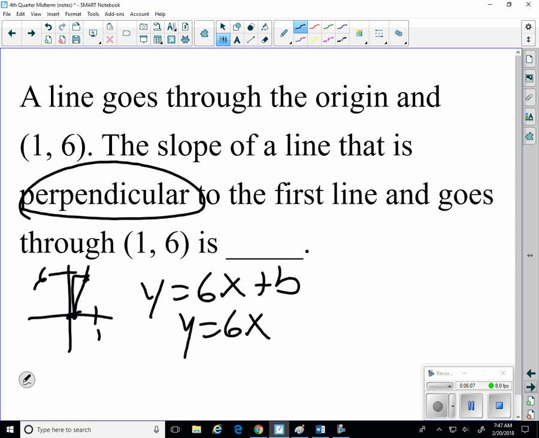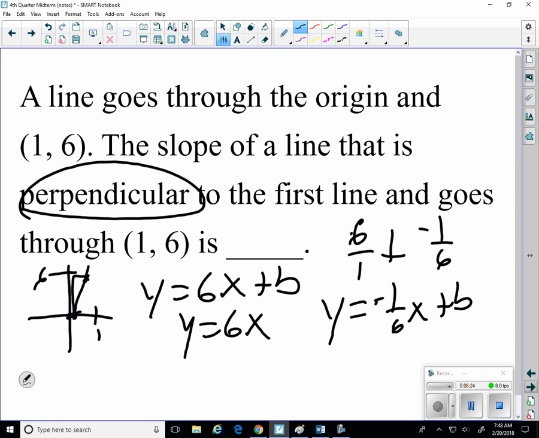And perpendicular to that, you'd take your 6 out of 6 over 1, and perpendicular to that would be negative 1/6. So the equation of the perpendicular line is y equals negative 1/6 x plus b.